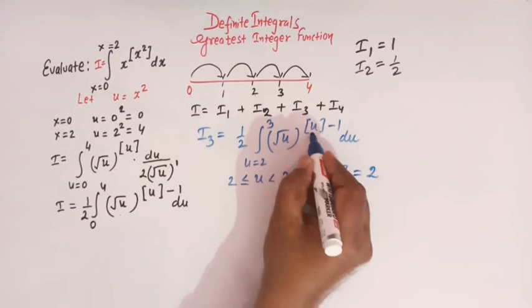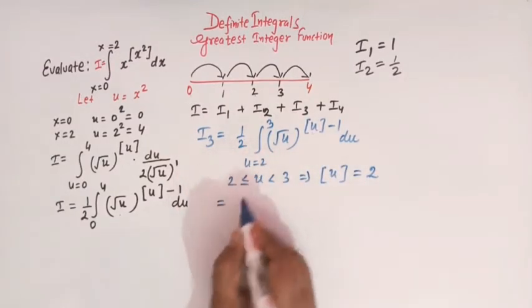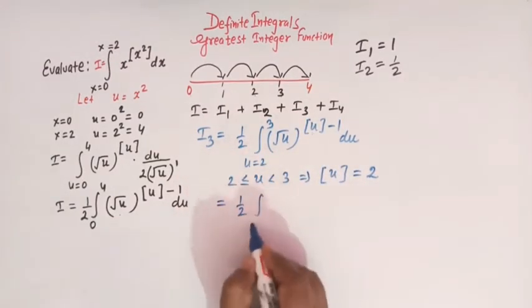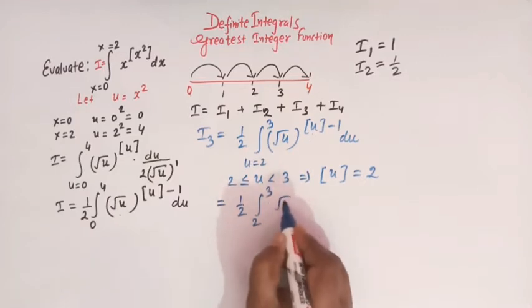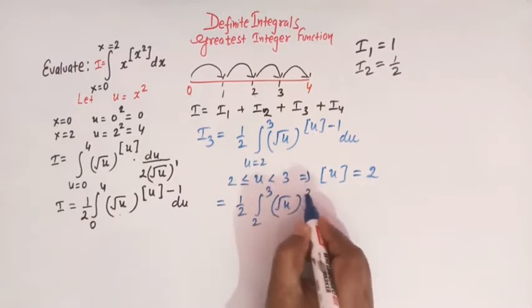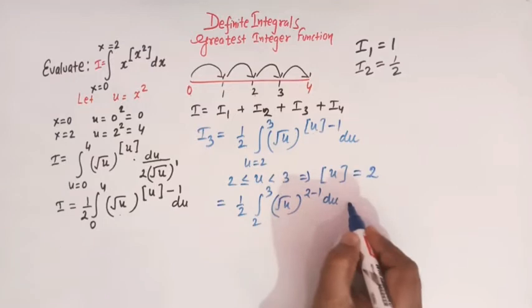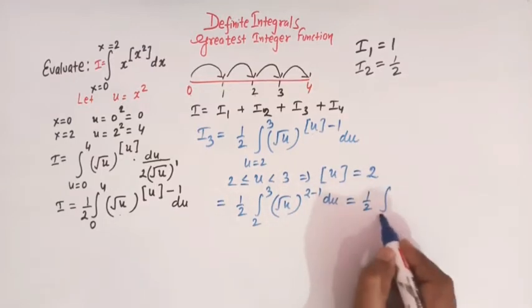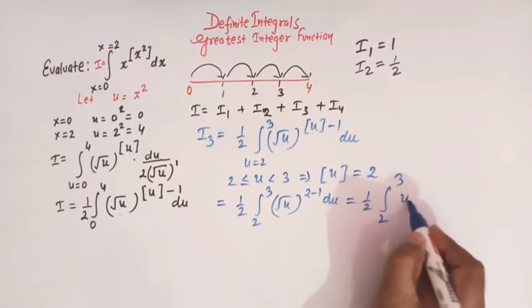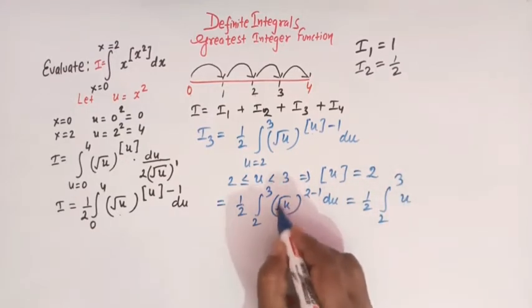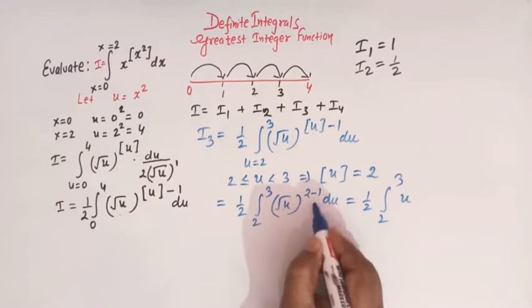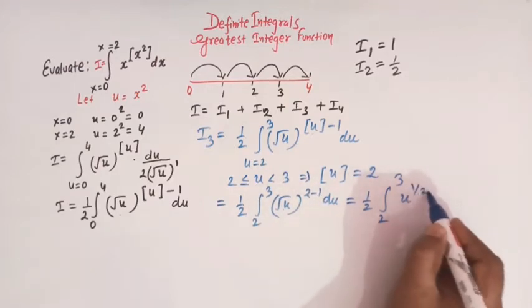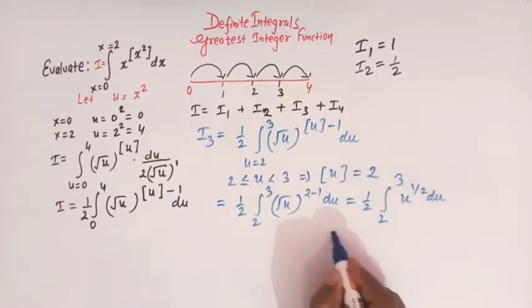So here we'll take 2, so I3 is equal to half integral 2 to 3, square root of u raised to 2 minus 1 du, and here we have half, and we have 2 to 3, and we have simply square root of u raised to 1, that is u raised to half du, right?